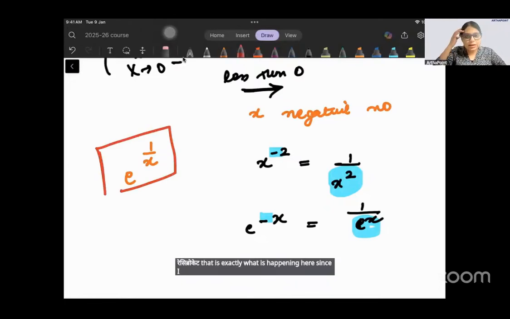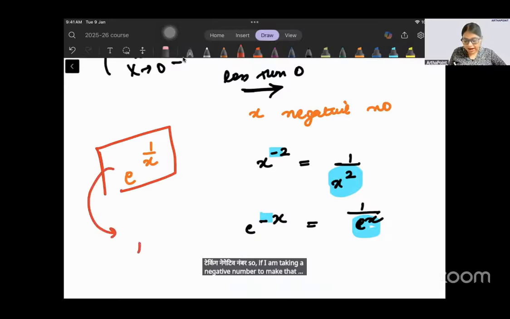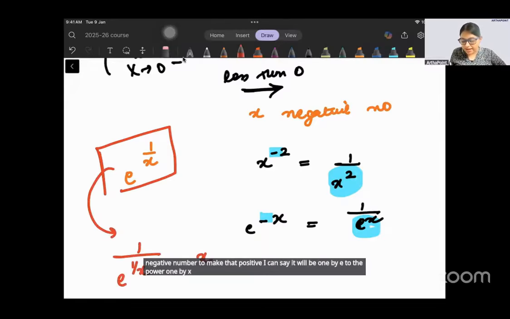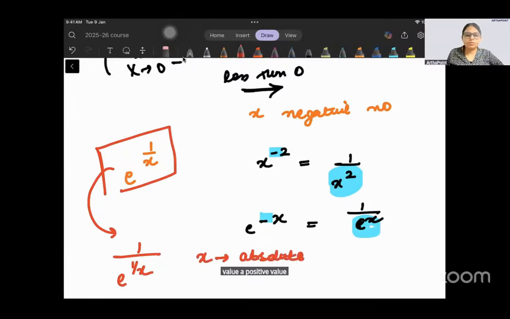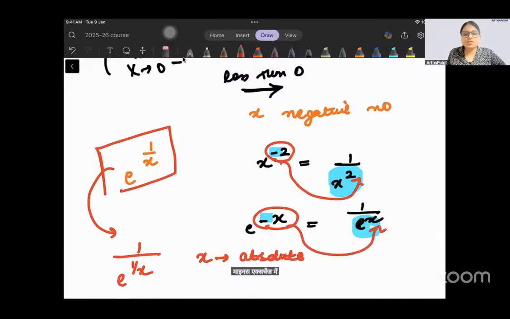That is exactly what is happening here. Since I am taking a number close enough to 0 but less than 0, mane I am taking a negative number, to make that positive, I can say it will be 1 by e to the power 1 by x. Now you can take x as its absolute value, a positive value. See, minus 2 became 2, minus x became x.